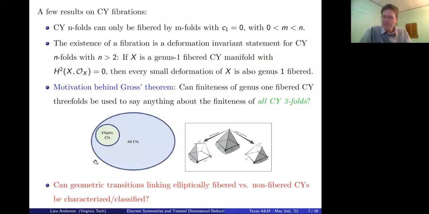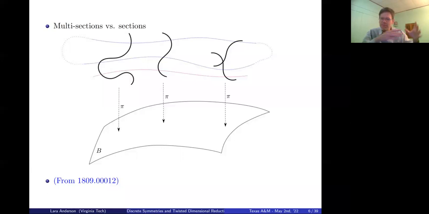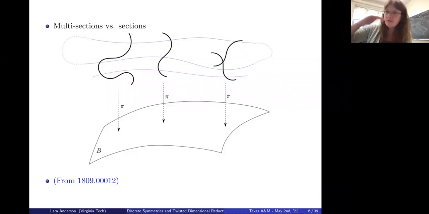Just so I understand, for a multi-section, does it have to be, at least in a region, mapping the base to the same number of points? Good, yes, so the number of points will actually be topologically preserved for the mapping. So it'll be the same number of points for every fiber, but in general, it's sort of an n-sheeted cover of the base. Okay. So you'll produce some many-to-one cover of the base. Right.